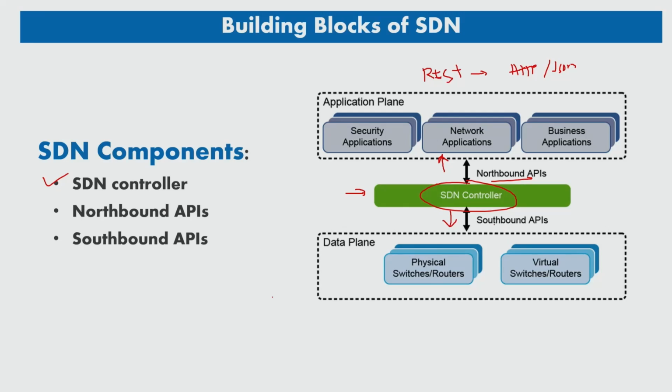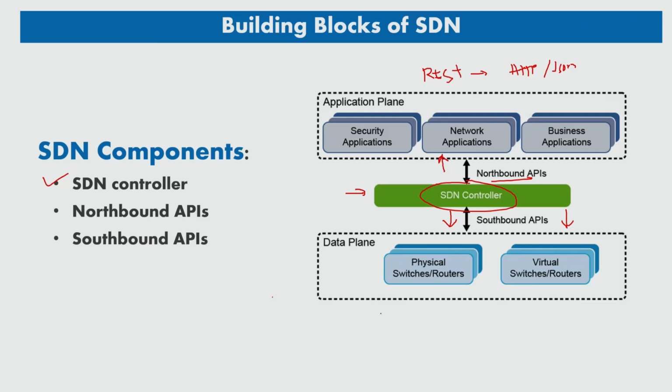Now, the other one is southbound APIs. Southbound APIs send the data to the network switches and routers. As a result, the controller makes use of these APIs to make dynamic adjustments in response to real-time requirements, as well as receive information on the state of devices. These APIs support heterogeneous network environments by connecting to virtual and physical network elements.